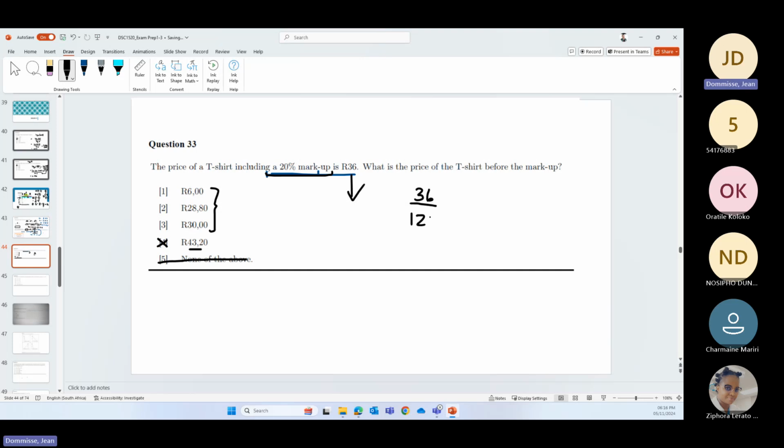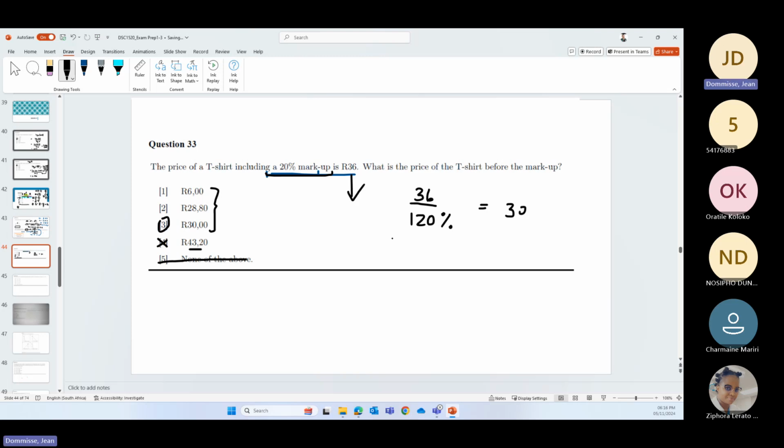So you could say 36 divided by 120%. That will be a way to get to it, and that will be equal to 30 rand, which is option 3.